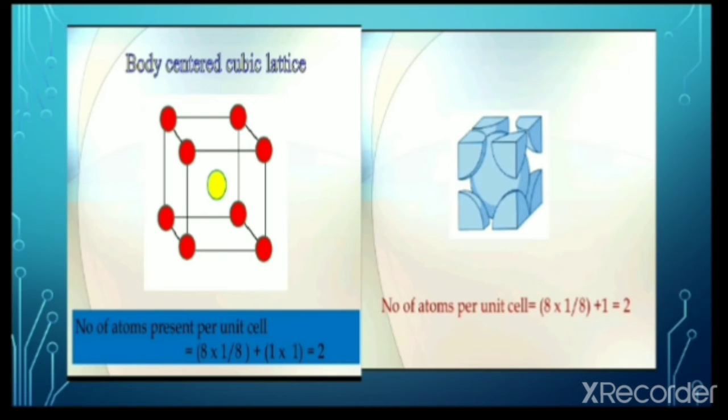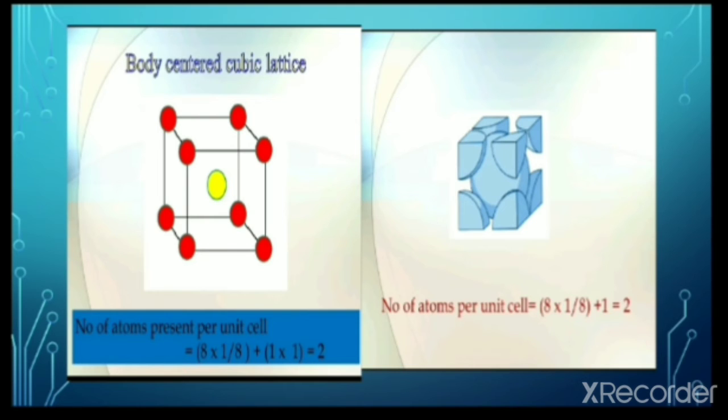Thus in a body centered cubic unit cell, there are 8 atoms at the corners, and each corner atom contributes 1 by 8 of the unit cell. So 8 into 1 by 8 is equal to 1 atom, and one more atom at the body center. So 1 plus 1 gives a total of 2 atoms per unit cell.